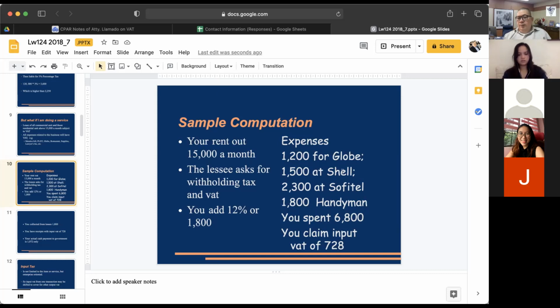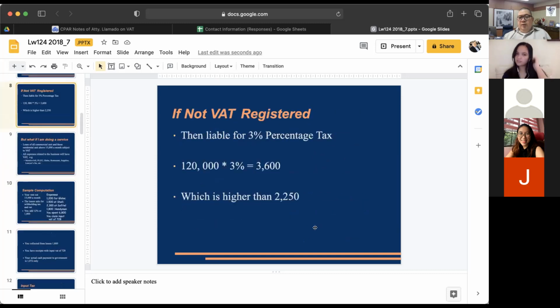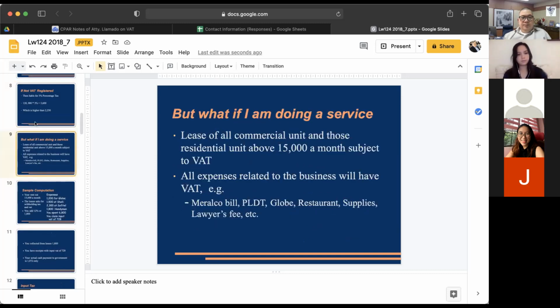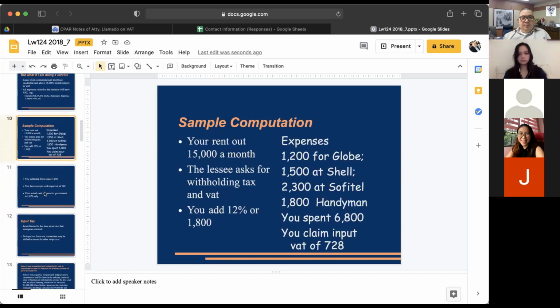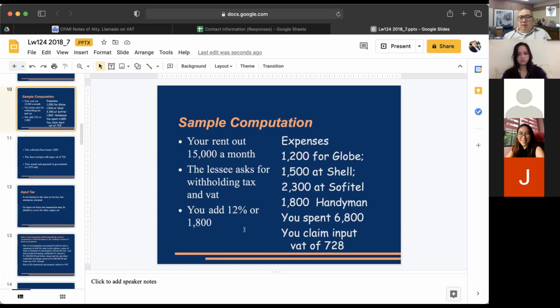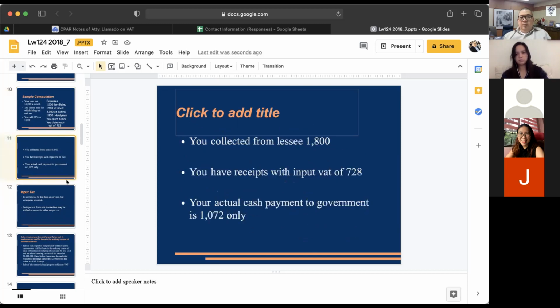Globe, Shell, Sofitel, handyman. So, ayun. You collected 1,800, you claim VAT input of 728. So at the end of the day, you actually earn more because you collected 1,800, but you only paid the government 1,072.